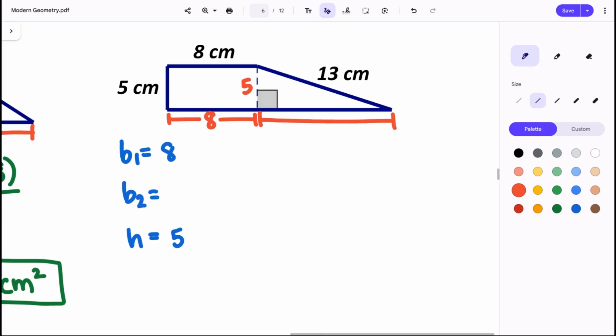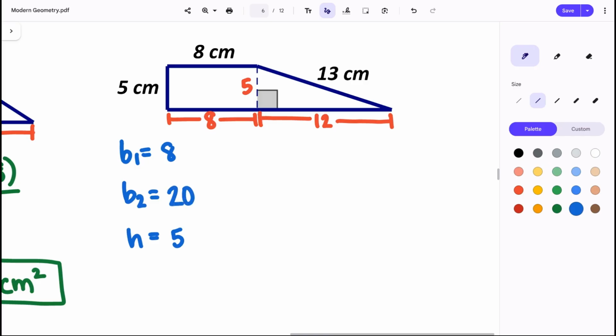Yeah, 5, 12, 13, right? This is one of those cases again. Let me put that 12 in the middle here. It's one of those triangles that we've talked about, and I've said to you guys it's going to show up a lot, right? So 5, 12, 13 is that Pythagorean triple that we've talked about. So that allows you to fill in that bottom half of the triangle. So now how long is that total base on the bottom?